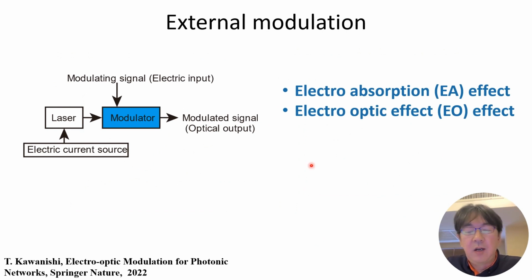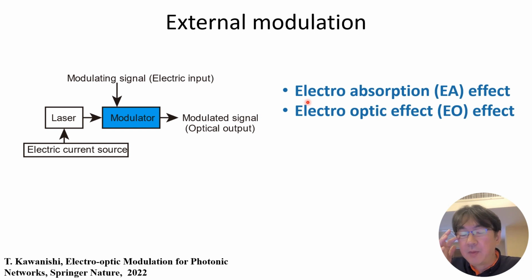Okay, here I'd like to give you the basic concept of the external modulation. As I mentioned, we use the external modulator to control the light wave. There are two types of effect which can be used for external modulation. The first one is electron absorption effect.